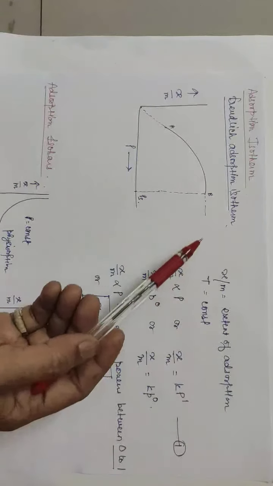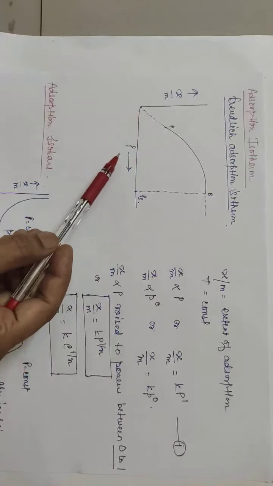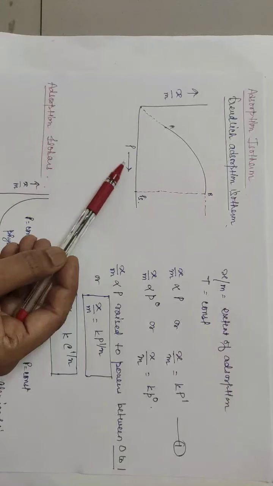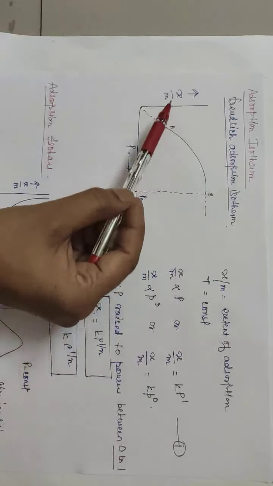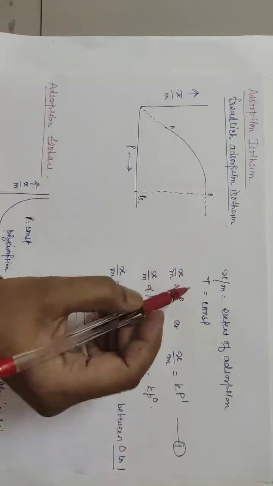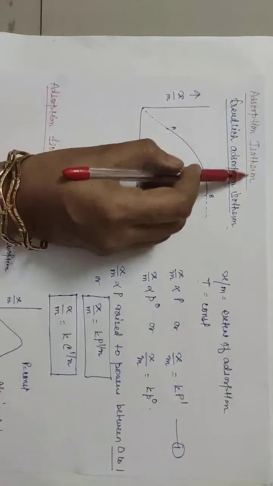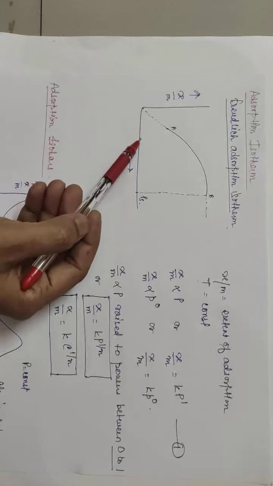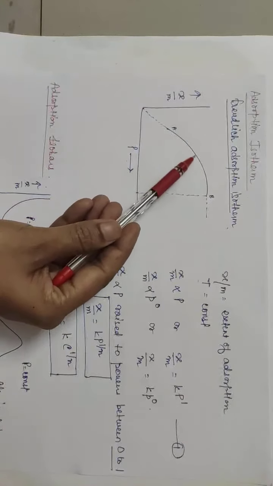Now when we plot x by m, that is the extent of adsorption, with respect to equilibrium pressure, the graph obtained is known as an adsorption isotherm. Temperature remains constant, so it's an isotherm. It is seen that at lower pressure, the graph is almost a line or a curve.